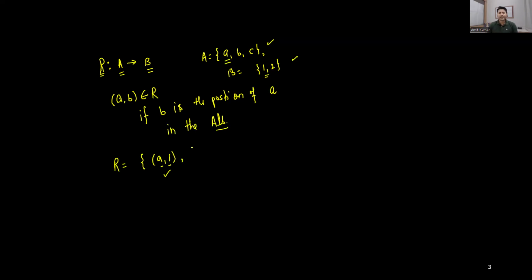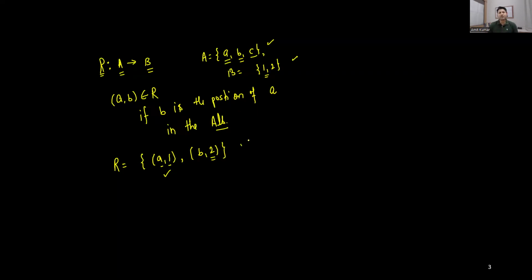Understood? In the same manner, the second is (A, 2). (A, 2) will not be there because 2 is not the position of A in the alphabet. In the same manner, (B, 1) is not there, but (B, 2) is there. Yes, 2 is the position of B in the alphabet. Now (C, 1) is not there, (C, 2) is not there.